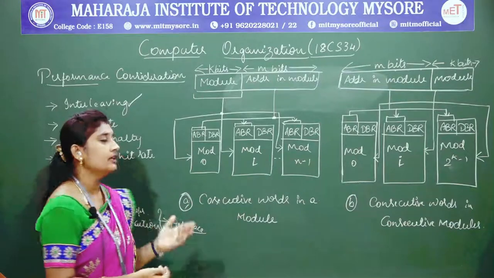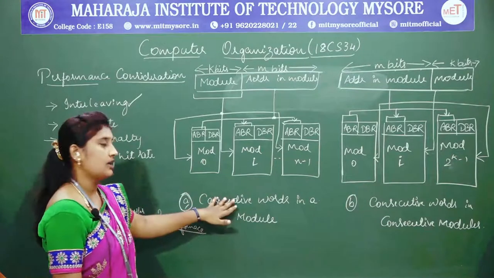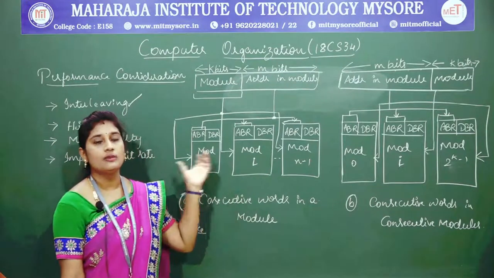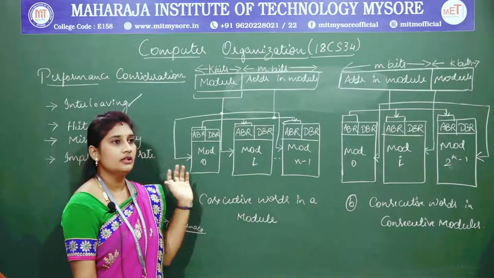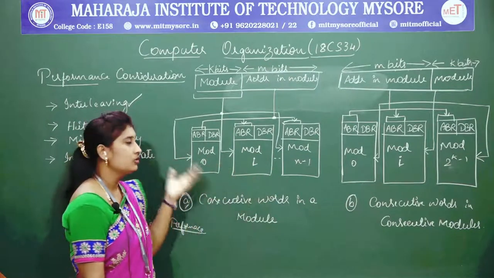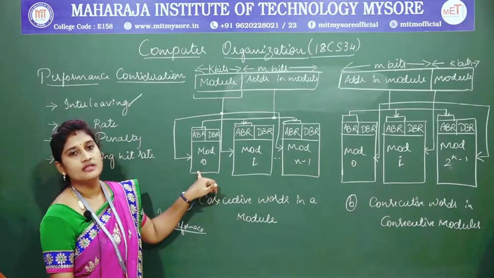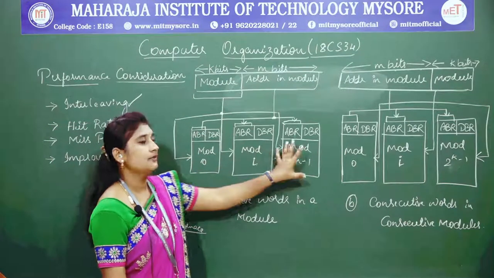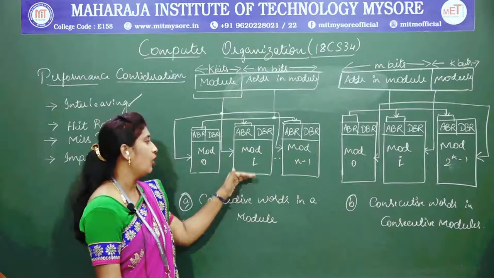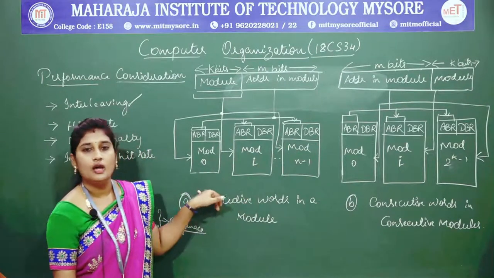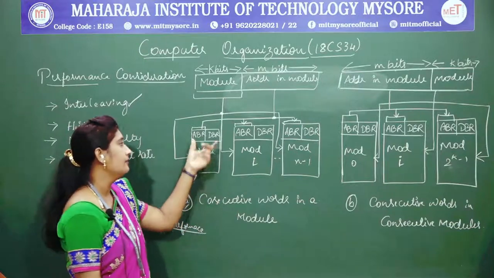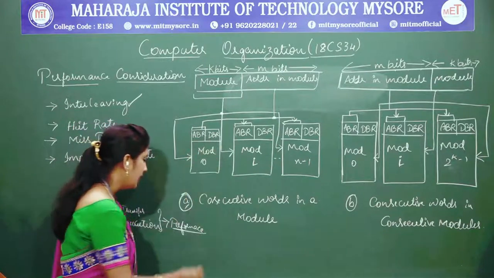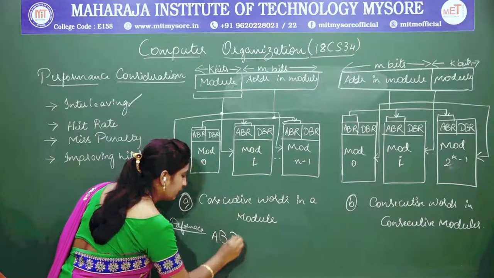So how is interleaving done in the memory structure of your computer system? Here is a simple organization of how the memory is accessed when the processor makes a request to the memory. As I already told, you make the complete main memory into separate physical modules, that is module 0, module 1, 2, 3 till n-1 modules, and each module has two registers, that is the address buffer register and data buffer register.